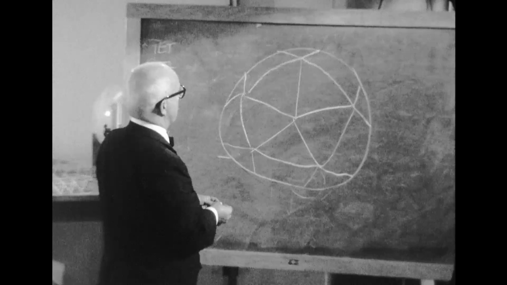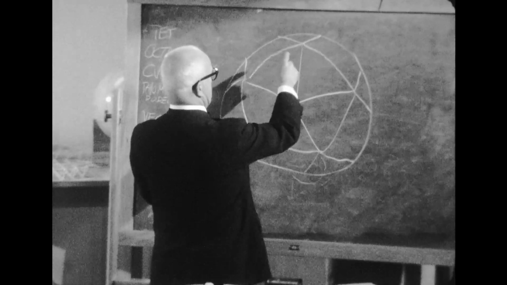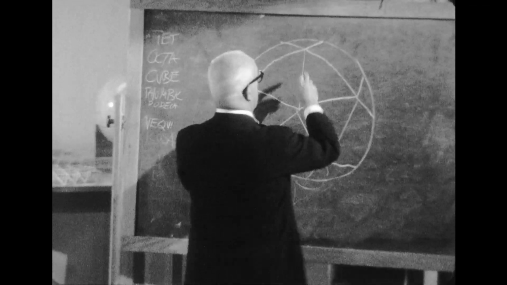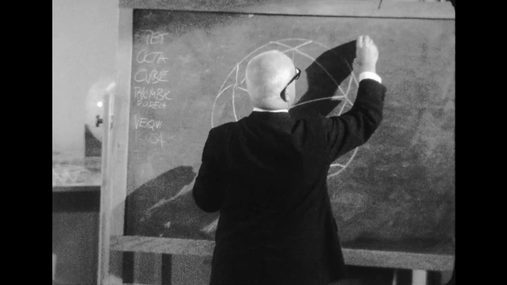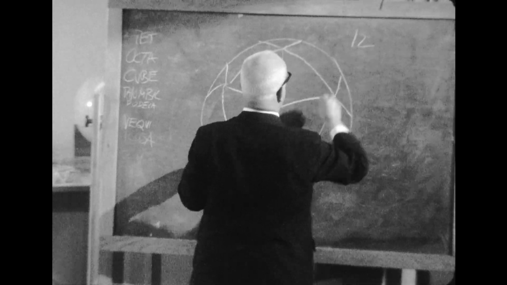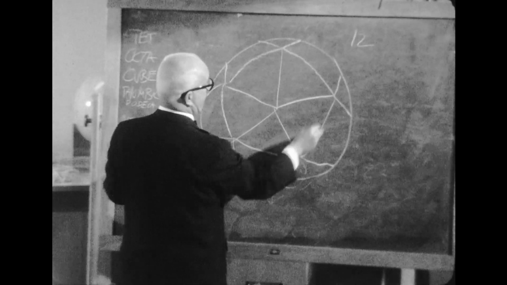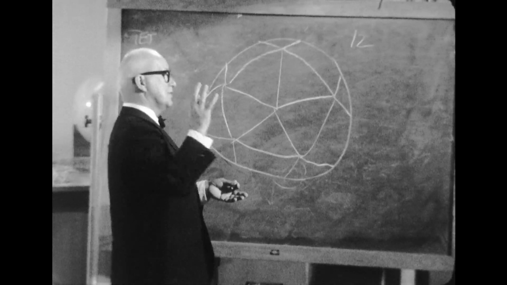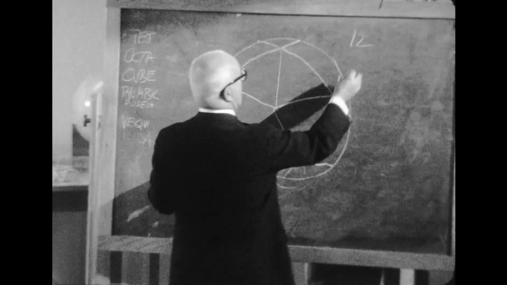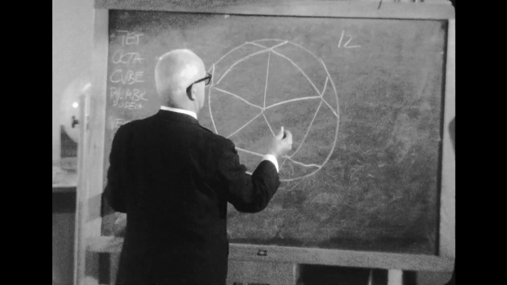And I can say that it's interesting then that in the icosahedron there are 12 vertexes. 1, 2, 3, 4, 5, 6 in this hemisphere, 6 in the other hemisphere. 12 vertexes, 20 faces.